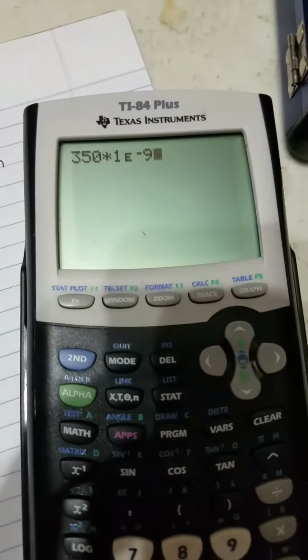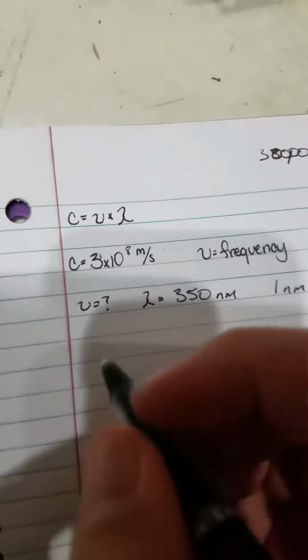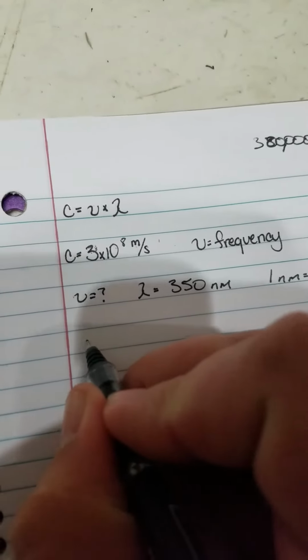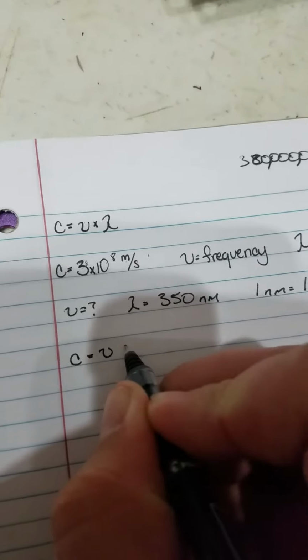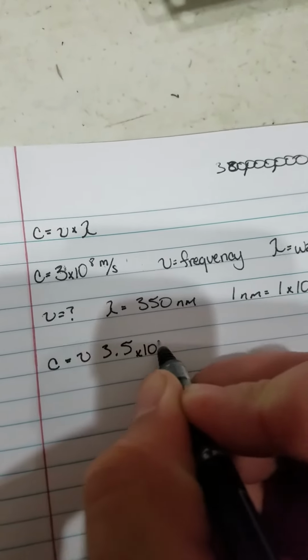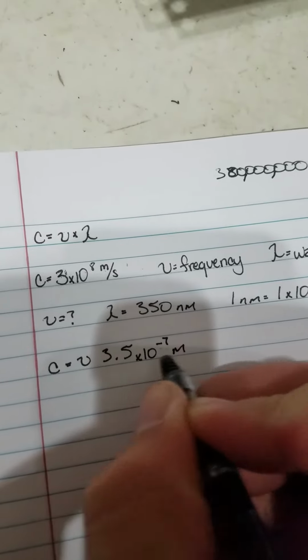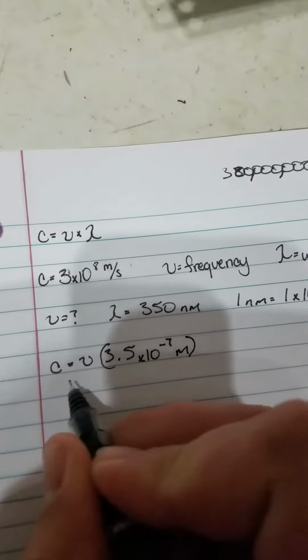So 350 times 1 times 10 to the negative 9 equals 3.5 times 10 to the negative 7 meters. So we know C equals the unknown times 3.5 times 10 to the negative 7 meters. Okay? So we know what C is.